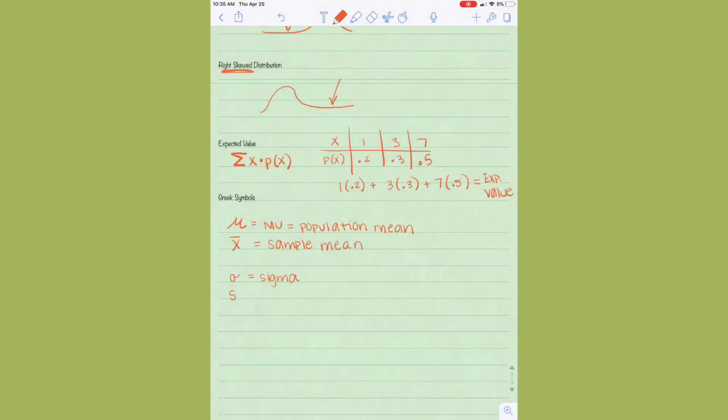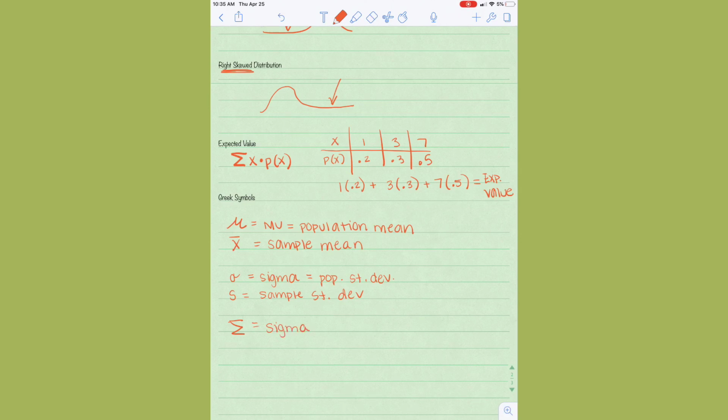So I have all kinds of things popping up on your screen today. I apologize. This stands for your population standard deviation. And the little s stands for your sample standard deviation. And then the last symbol you want to know is the big uppercase sigma.